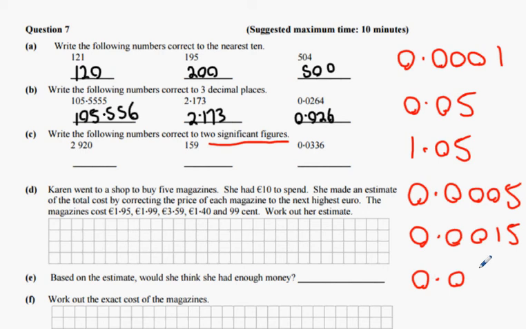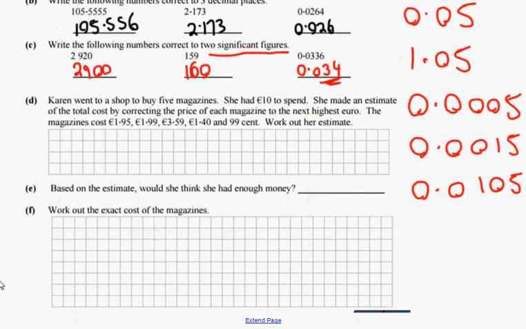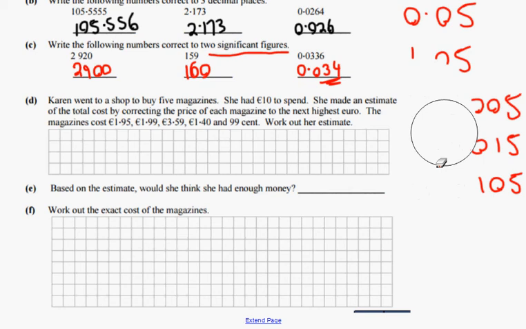How many here? 3. We get the gist, don't we? You have to do it like that. It's hard work. 2,900 for the first one. Second one, 2 significant figures, 160. The next one, 0.034. The 2 significant figures are the 3 and the 4. Remember that? They love using significant figures.